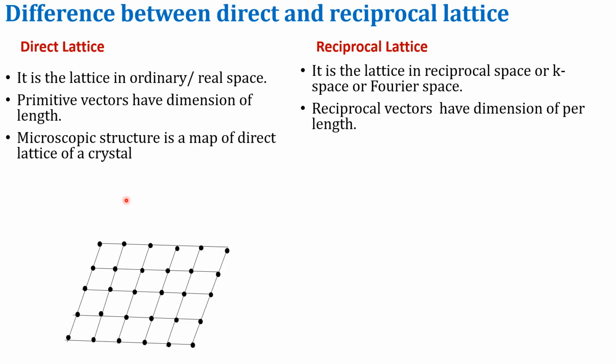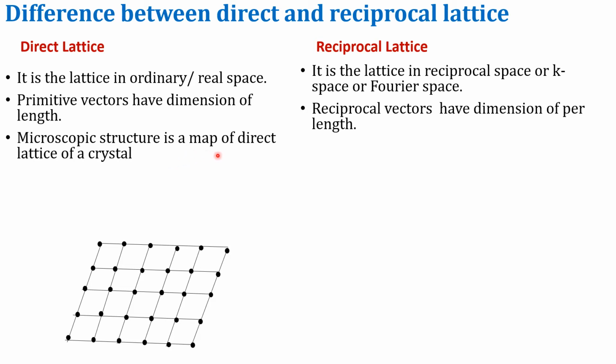Next point is that microscopic structure is a map of the direct lattice of a crystal. Since all atomic arrangement in a direct lattice has very small separation between the points or atoms, of the order of a few angstrom, it is a microscopic structure.